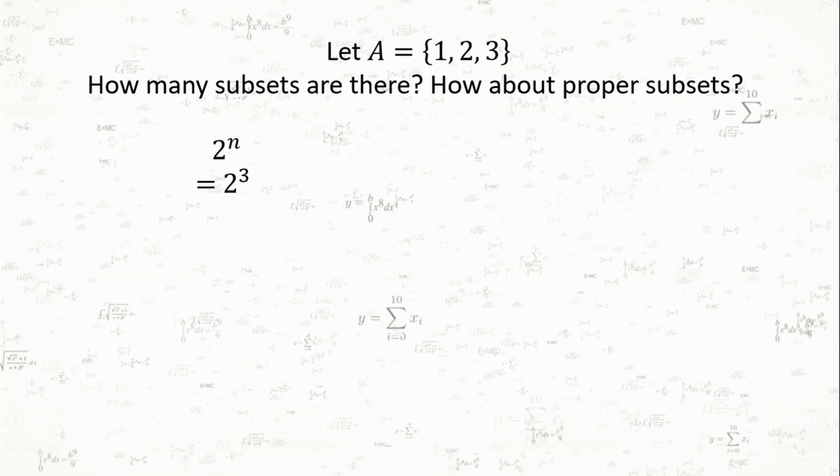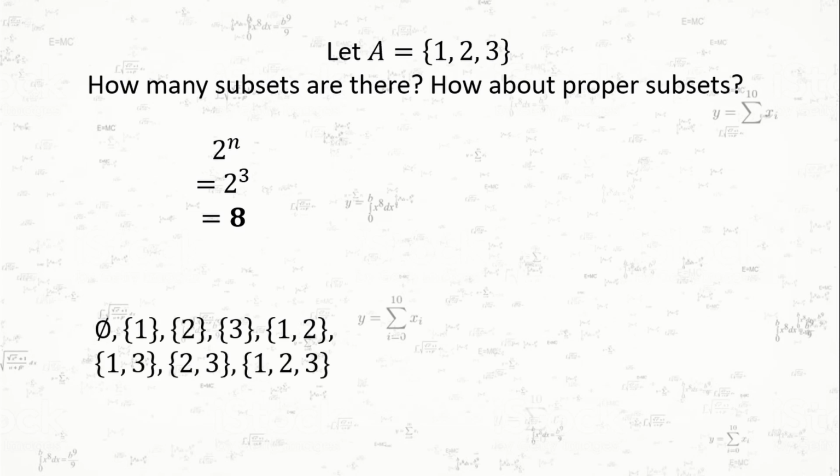So we have 2 raised to 3, which when you simplify becomes 8. Let us list down all the subsets. Take note that empty set is always a subset of any set. That is always included. So we have empty set, 1, 2, 3, 1 2, 1 3, 2 3, and 1 2 3.